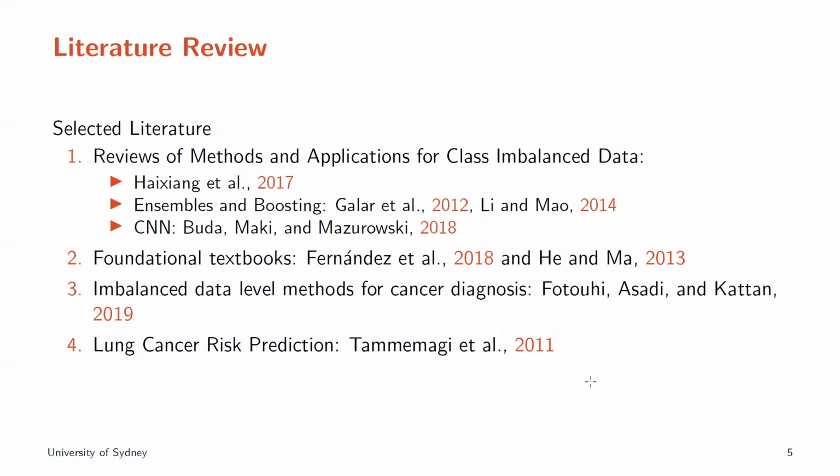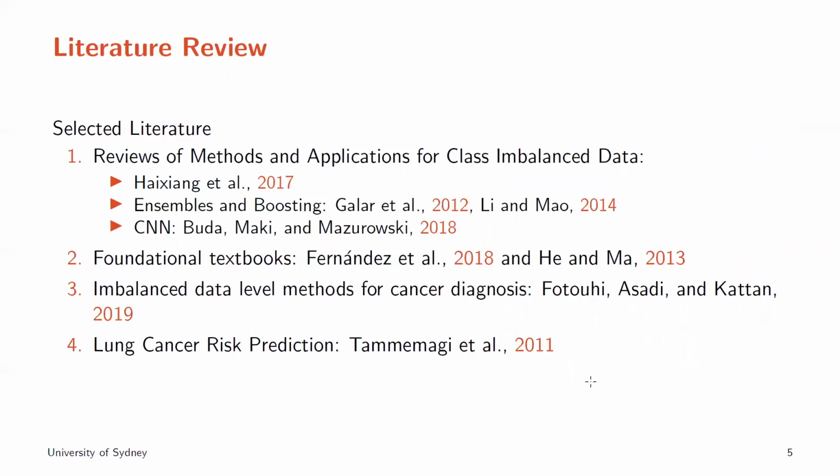There are also 2 foundational texts on imbalance learning. Fatuhi and Company had a review of imbalanced data level methods for various types of cancer. Also, specifically for lung cancer, we refer to Tamimagi's PLCO model for lung cancer risk prediction.